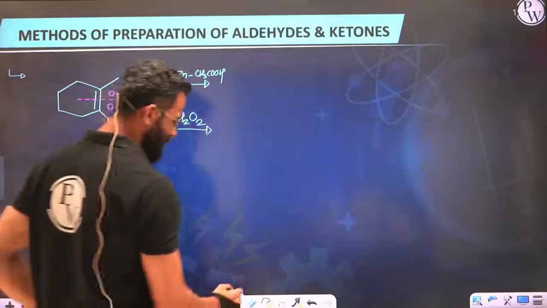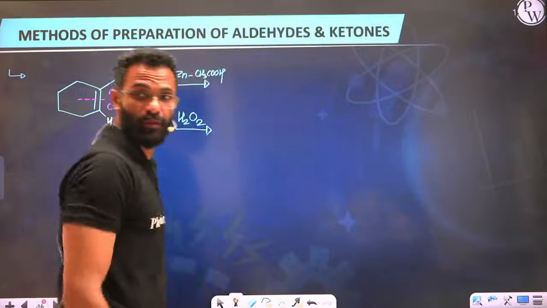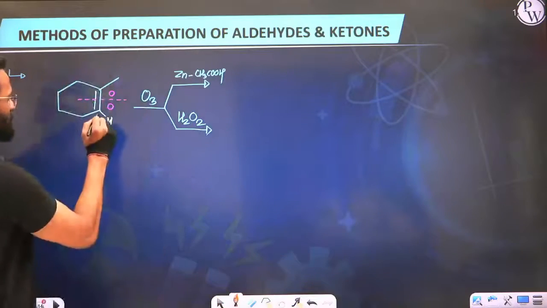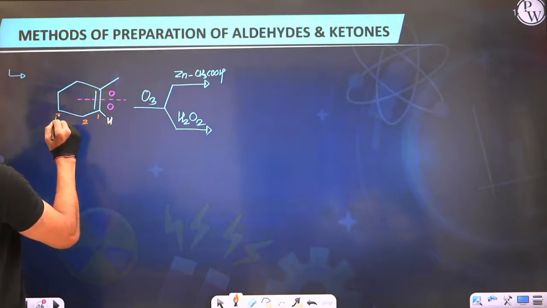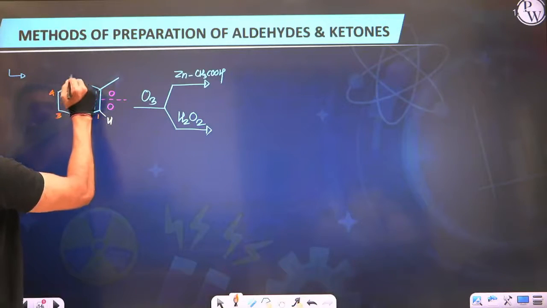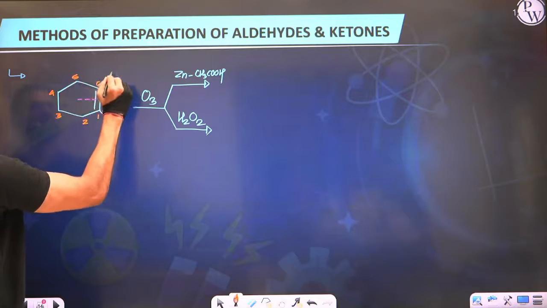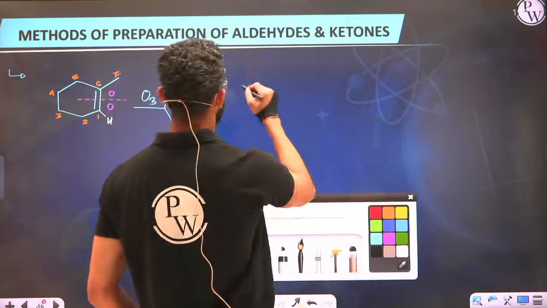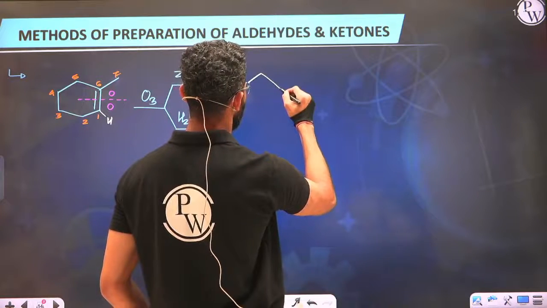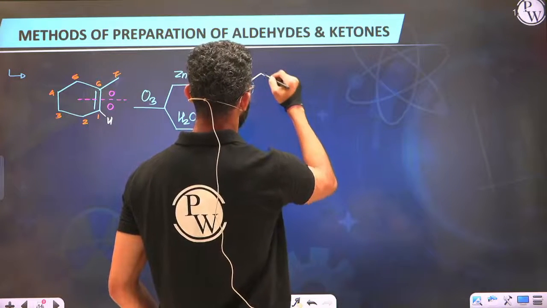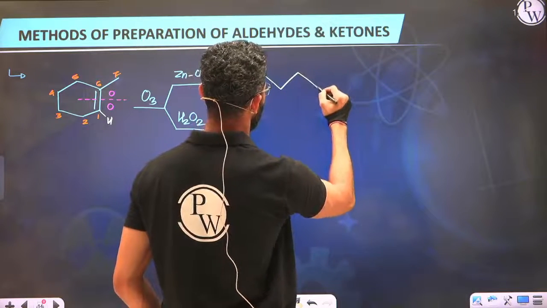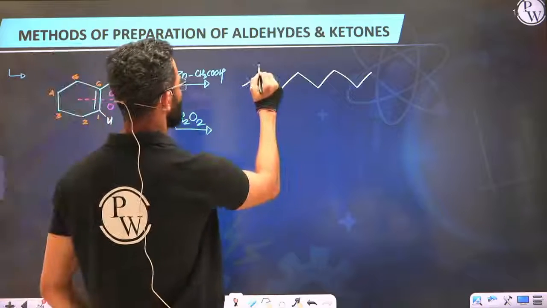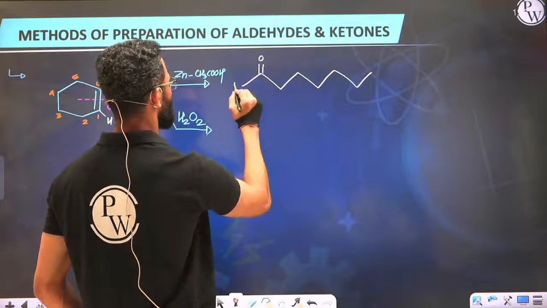So under reductive conditions, the product obtained would be, if we start from this aldehydic, for simplification, let me number this as 1, 2, 3, 4, 5, 6 and 7. So we'll be getting 7 carbons chain. At first carbon it is aldehyde, so C double bond OH.